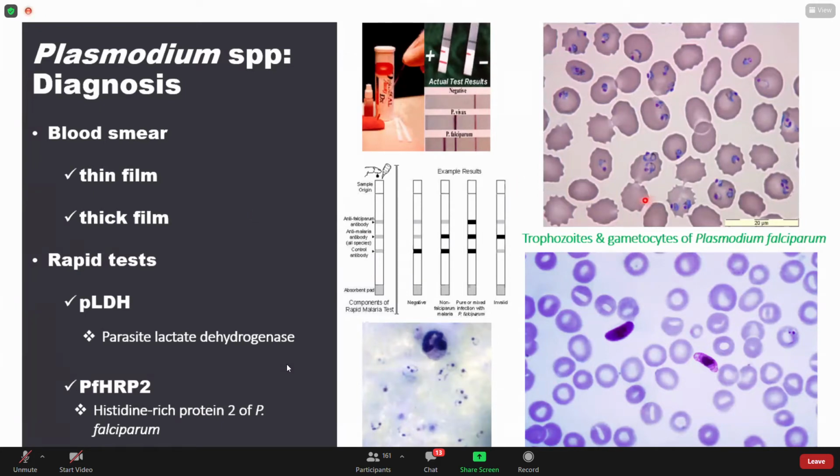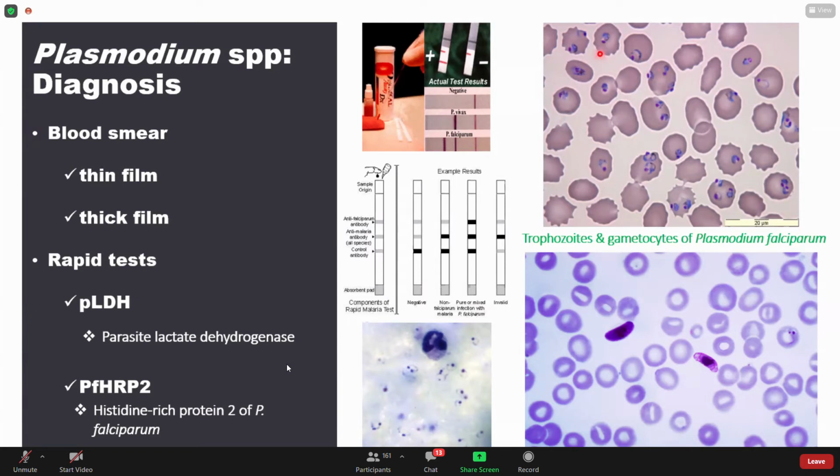Okay, so for the benefit of those who are online, I'll go over the explanation again. Like I said earlier, these two micrographs are showing thin film preparations because the red cells are preserved. This particular film is showing a thick film preparation because the red cells have been mechanically destroyed in the preparation of the film.